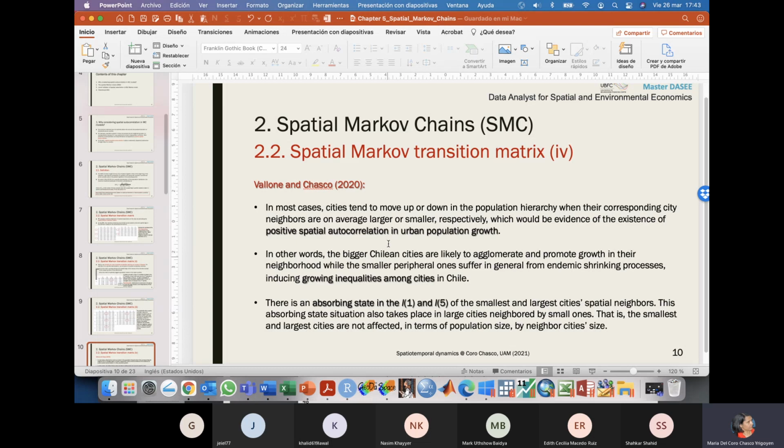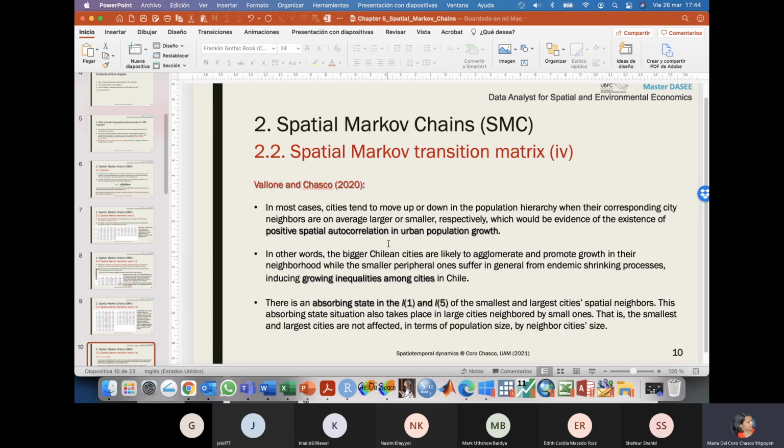So what we can see in Chile is that in general terms, if a city or a large location is surrounded by large locations, the probability of going up in the hierarchy is higher. And if a small town is surrounded by small towns, the probability of going down in the hierarchy is also high.